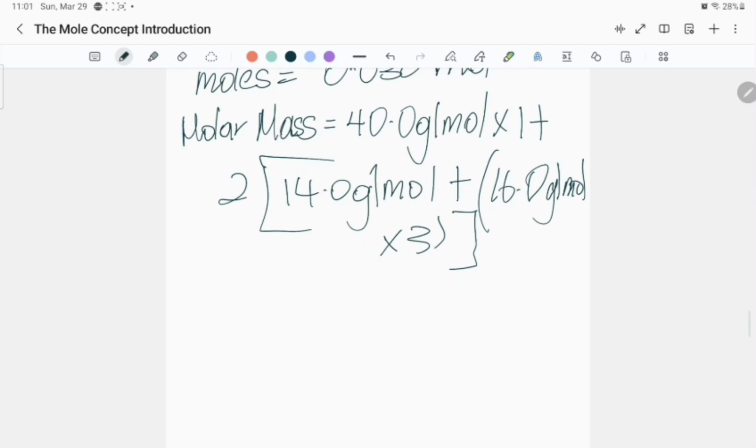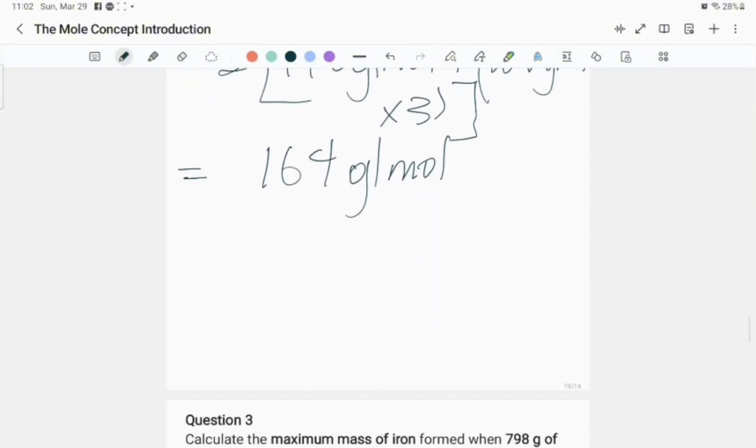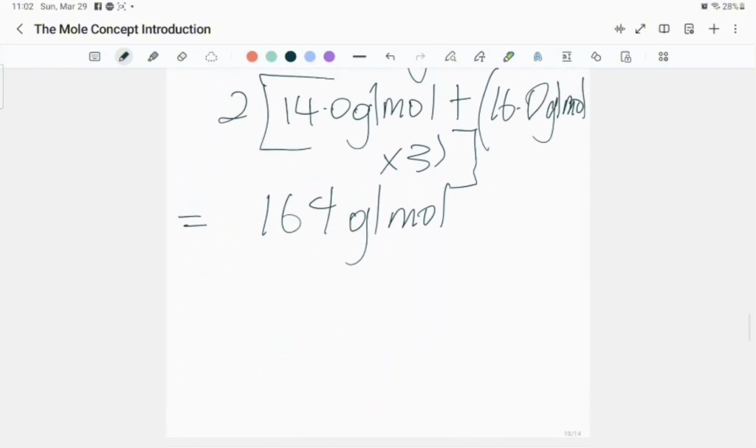With that, your answer will eventually become 164 grams per mole. Now that we have found the molar mass of calcium nitrate, and we have the moles, we can go on and calculate the mass. Mass is equal to the number of moles times your molar mass.